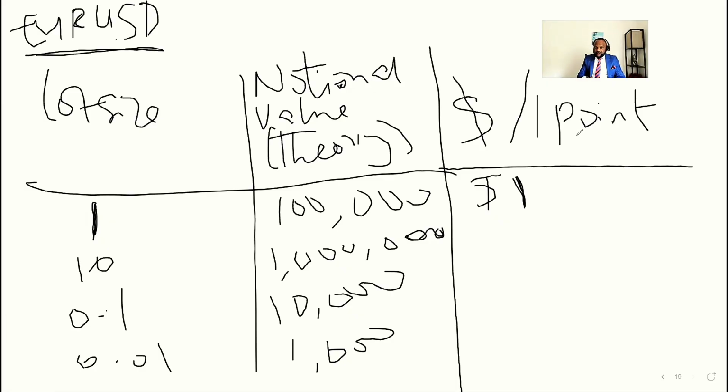That 700 points depends on the lot size that you use to execute that trade. So if two of you made a trade and you all earned 700 points each, it depends on the lot size you both used.